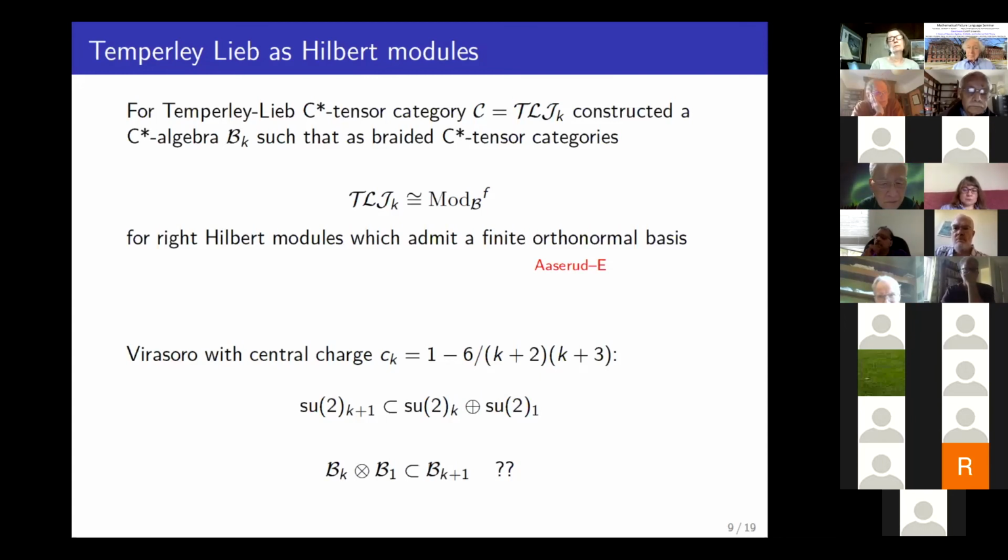Well, so the braiding comes about from finding a nice map from B tensor B into B at the level of C-star algebras, right?